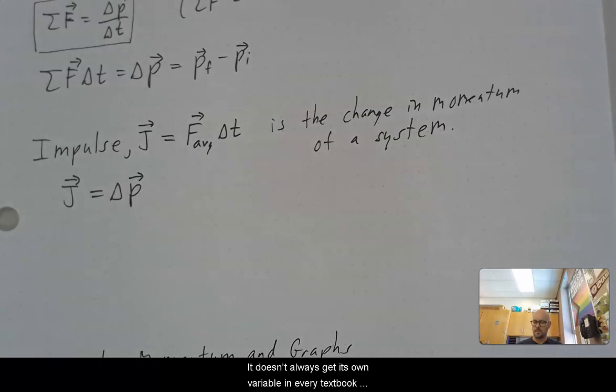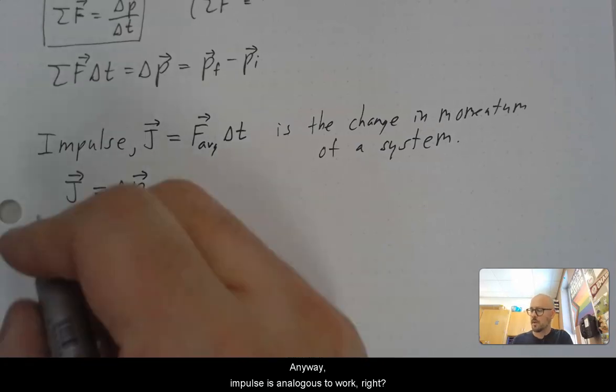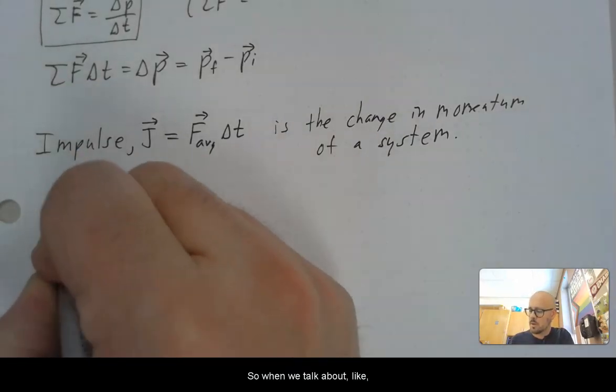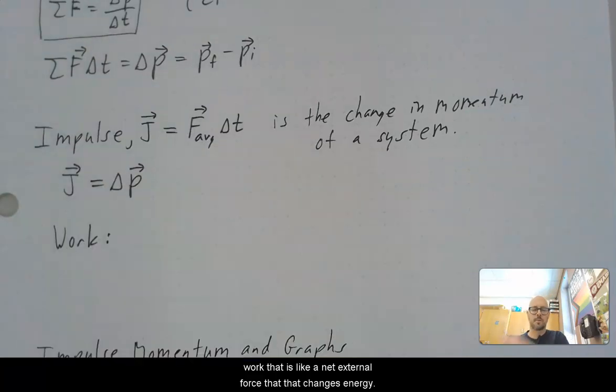It doesn't always get its own variable in every textbook because it's just so closely linked to change in momentum that a lot of textbook authors don't feel the need to give it its own variable. Anyway, impulse is analogous to work, right? So when we talk about work, that is a net external force that changes energy.